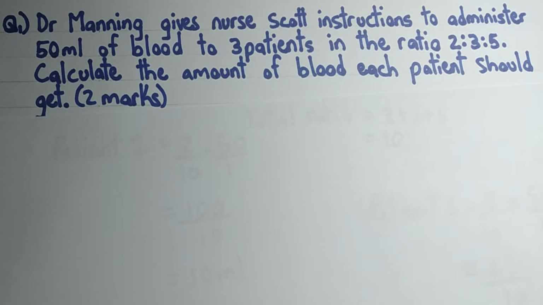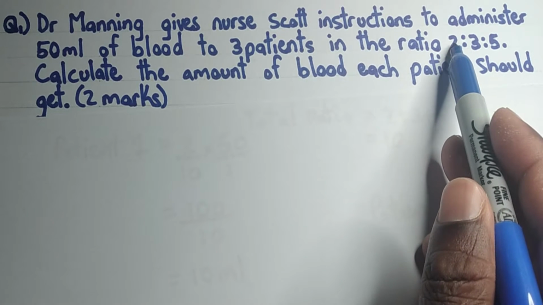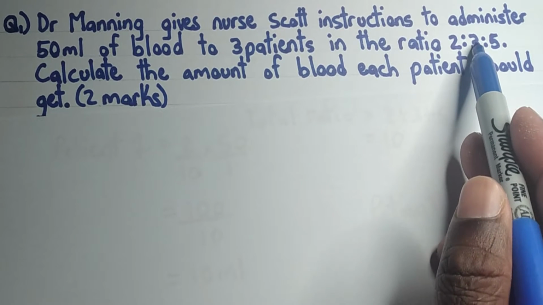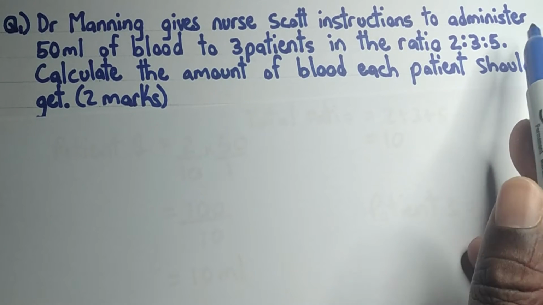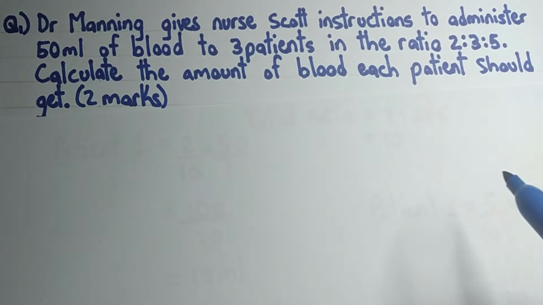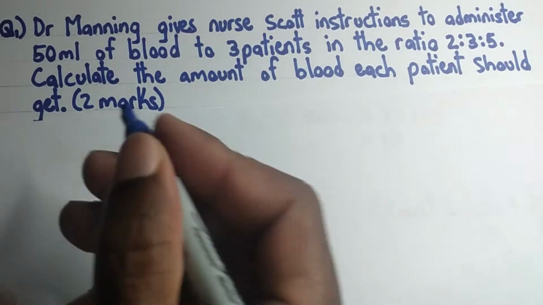Alright, so we want to know the amount of blood that each patient will receive. So let's assume that patient 1 would receive this share right here, patient 2 would receive this share right here, and patient 3 would receive the 5 right here, which represents a half. Now the first thing that we want to know is the total ratio.